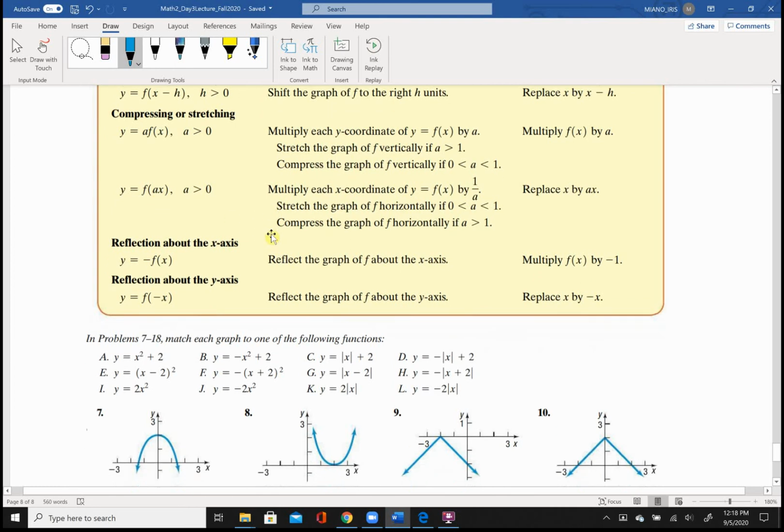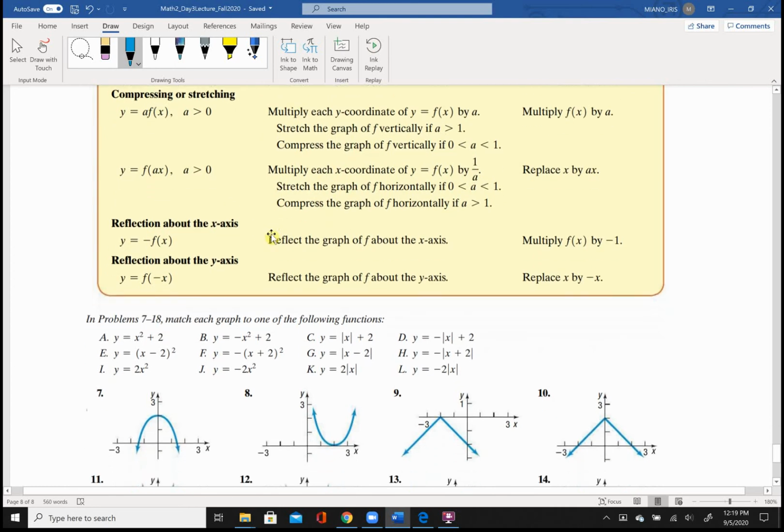You'll see lots of examples of this in your homework, and you'll be able to tell the difference after enough practice. Now, if we're talking about reflections over the x-axis, that's going to be negativity imposed on the function output. If it's the opposite imposed directly on the x, then it's reflection about the y-axis, okay?